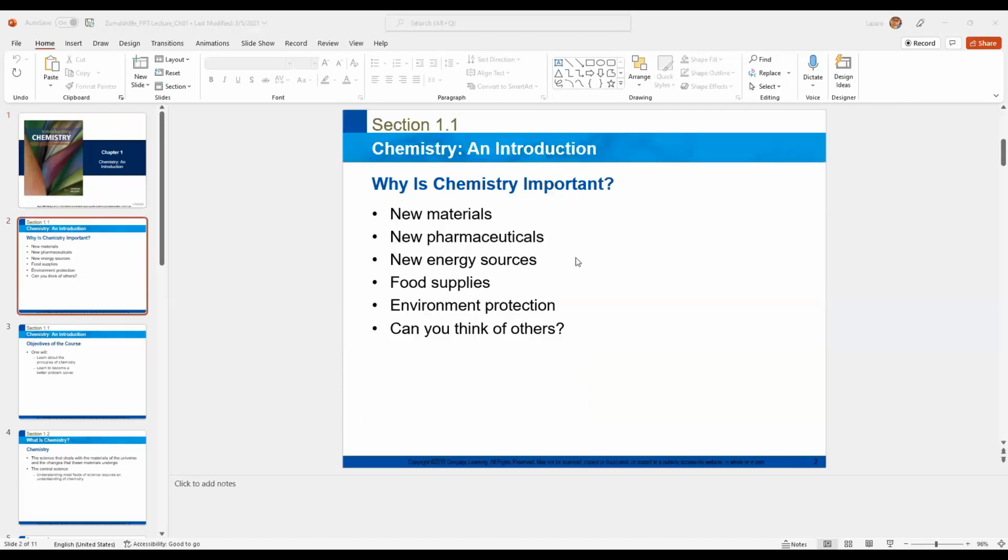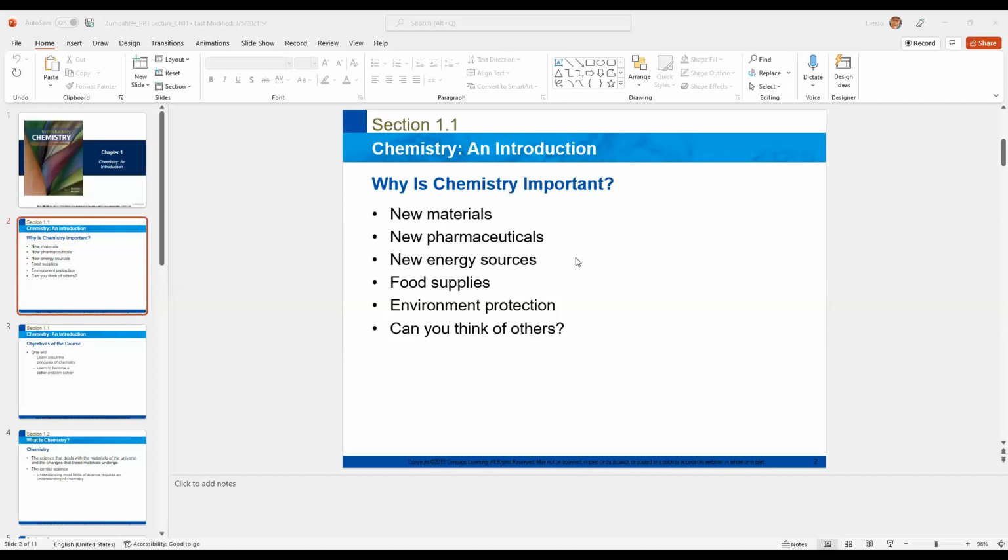Well, what is chemistry and why is it so important? We can say that it's because chemistry is the science that studies the materials. New materials are always very important: new medicines, new energy sources.